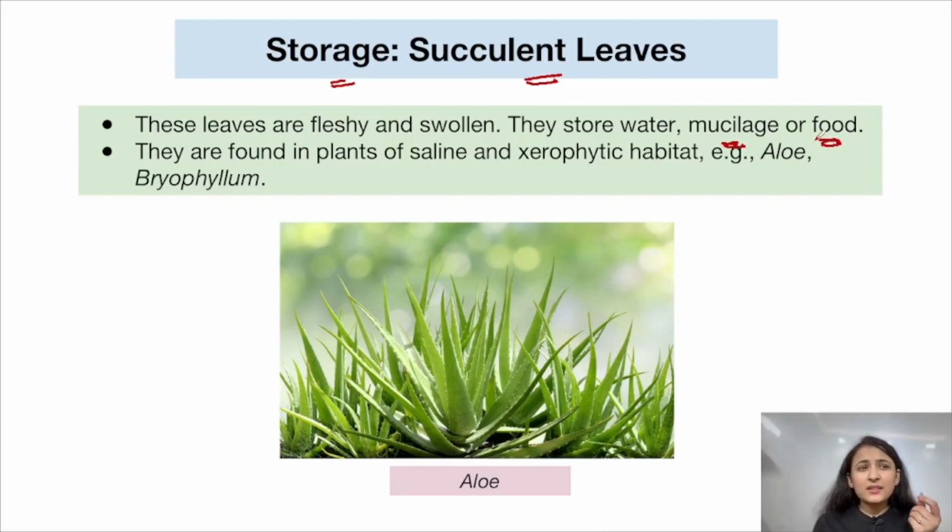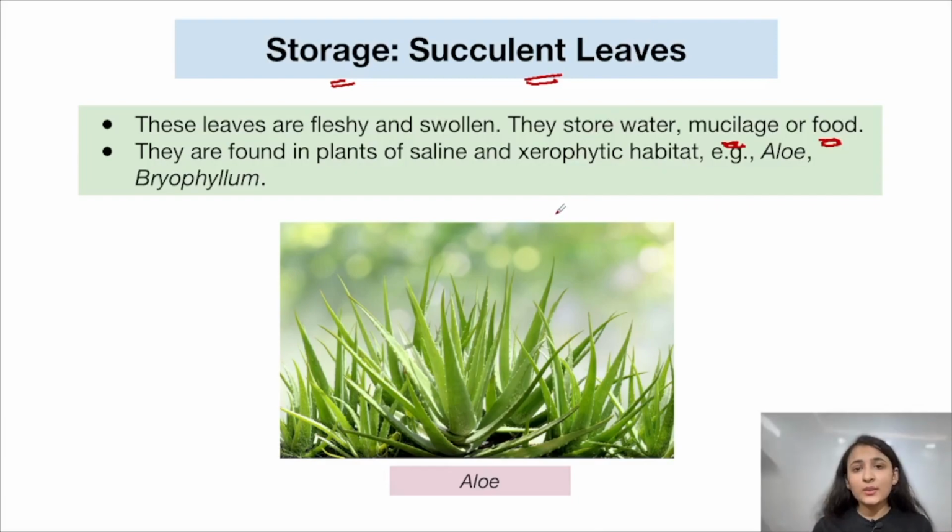Mucilage is that gluey or gelatinous kind of fluid which comes out of the plant. For example, aloe vera is one of the examples of succulent plants because it has succulent leaves. So whenever you break off the aloe vera plant, it will exude a very sticky kind of liquid, that is mucilage. Okay, so these succulent leaves are fleshy and swollen. That is their characteristic feature.